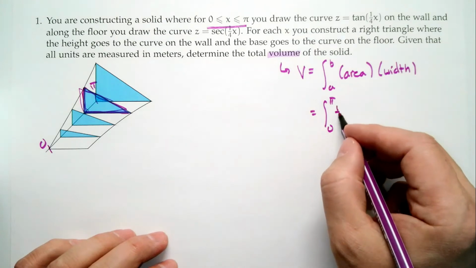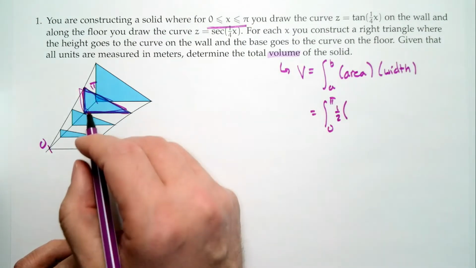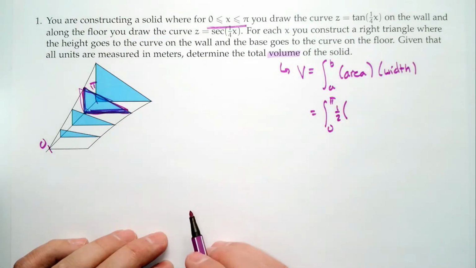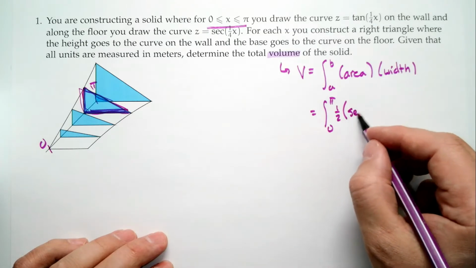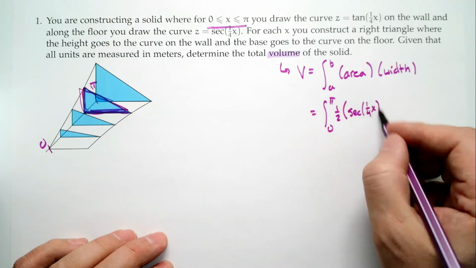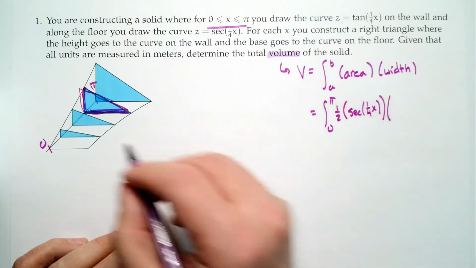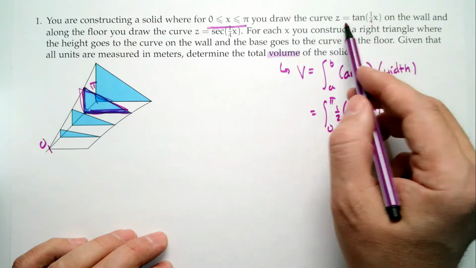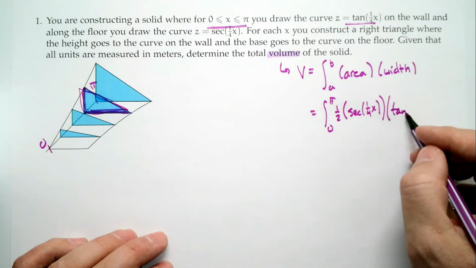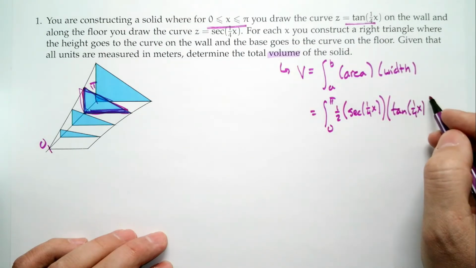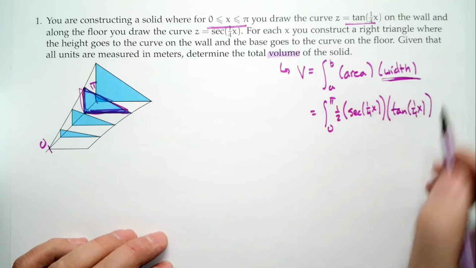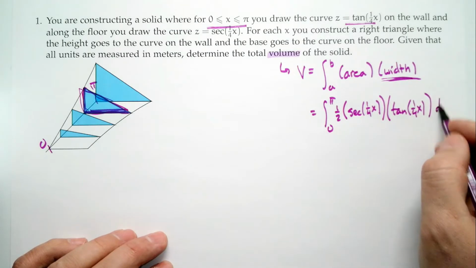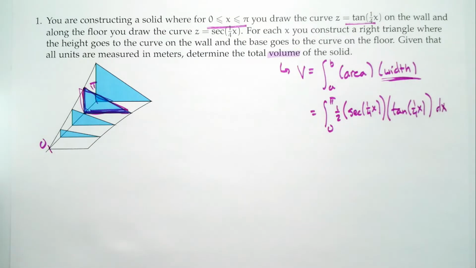So there's a 1/2. What's our base? Yeah, secant of 1/4 x. What's our height? Yeah, the tangent. That's the wall. And then, what's our width? dx.